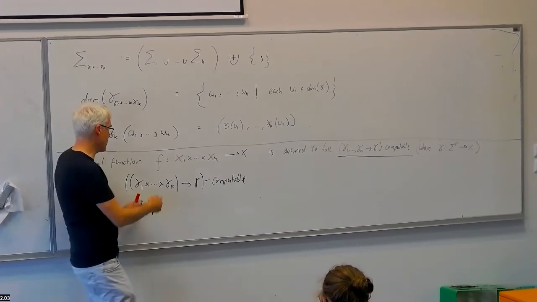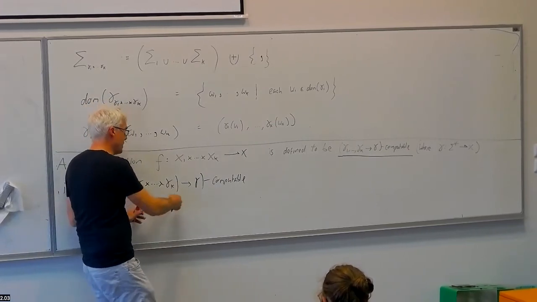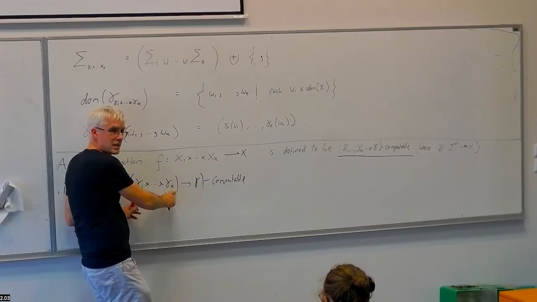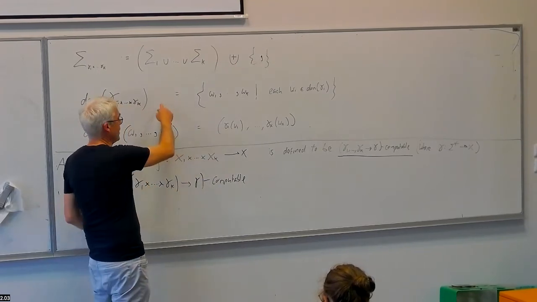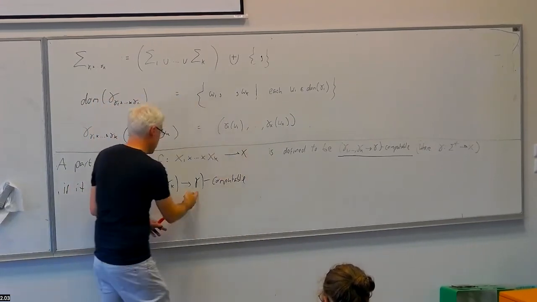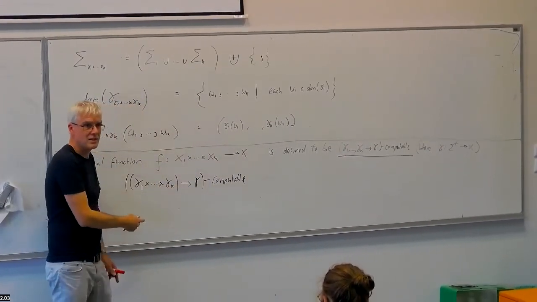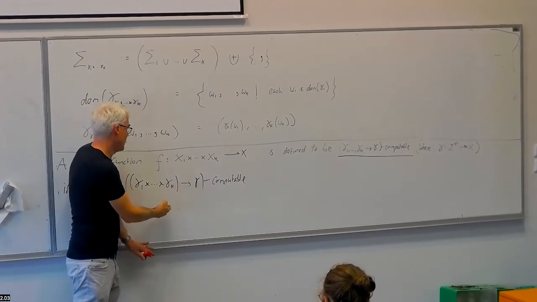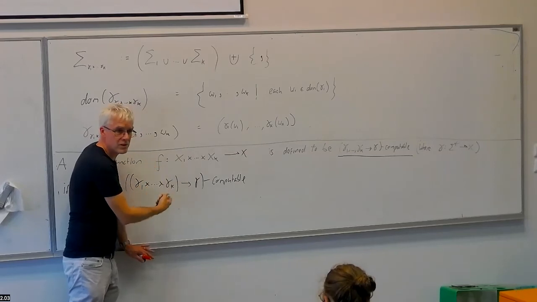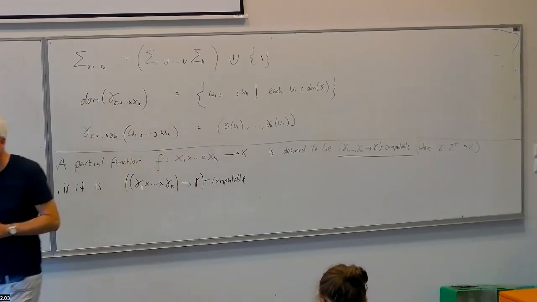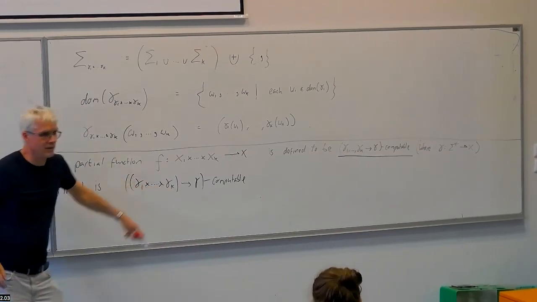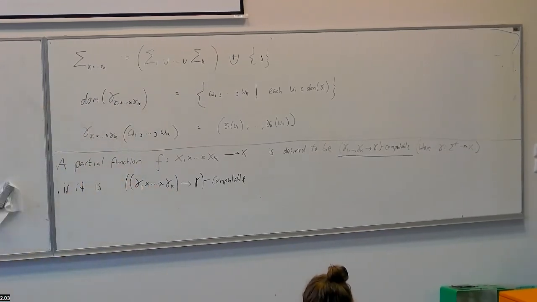Here the represented set of the domain is the product set, and this is the representation of the product set, namely defined as on the top of the board. And the codomain is the set X, and this is the representation of X. So this is an instance of the notion of computability for a one argument function between two representations, as defined earlier. Anyway, good question, and there was the mistake that this should have been K.